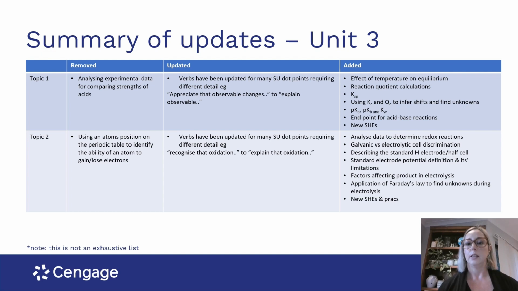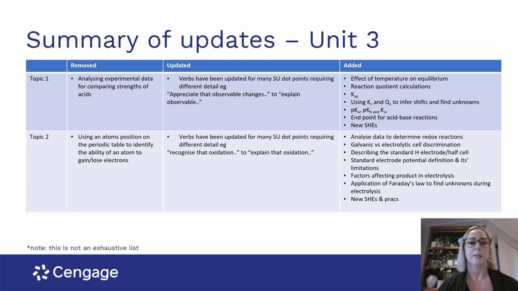Also added are effect of temperature on equilibrium, reaction quotient calculations, Ksp, using Kc and Qc to infer shifts and find unknowns, pKa, pKb, Kw, and endpoint for acid-base reactions. So just definitely being a lot more specific in Unit 3.